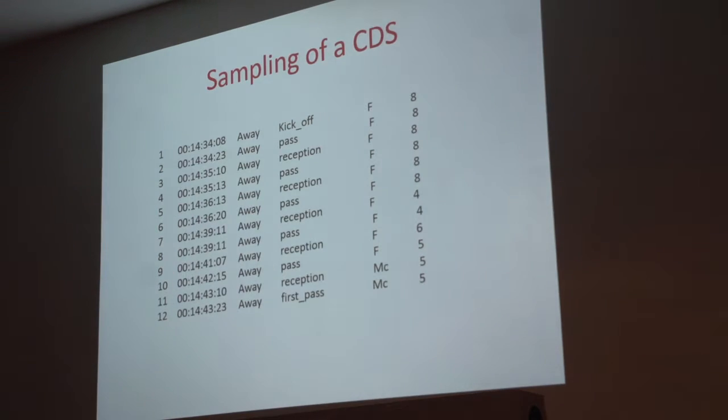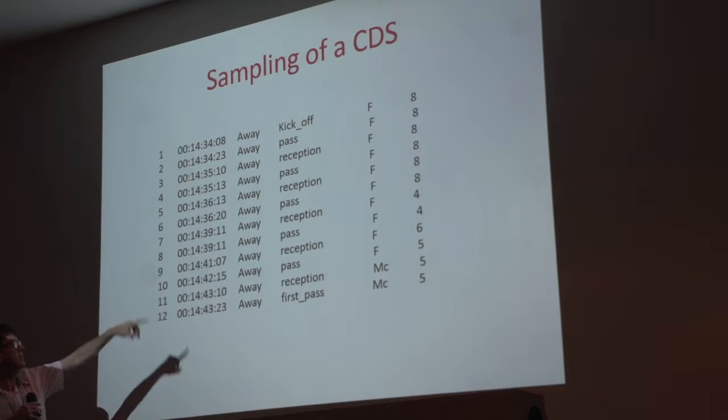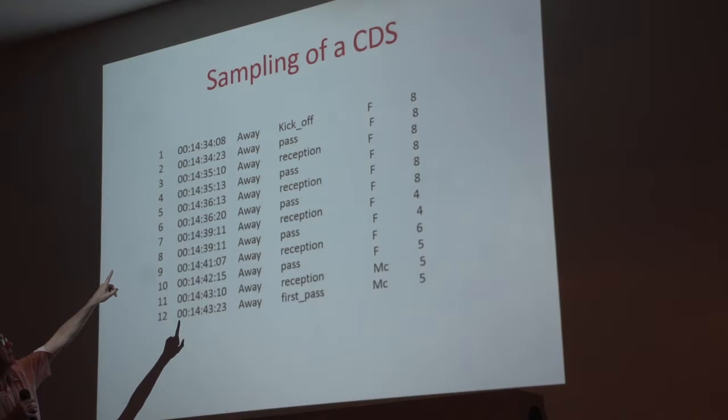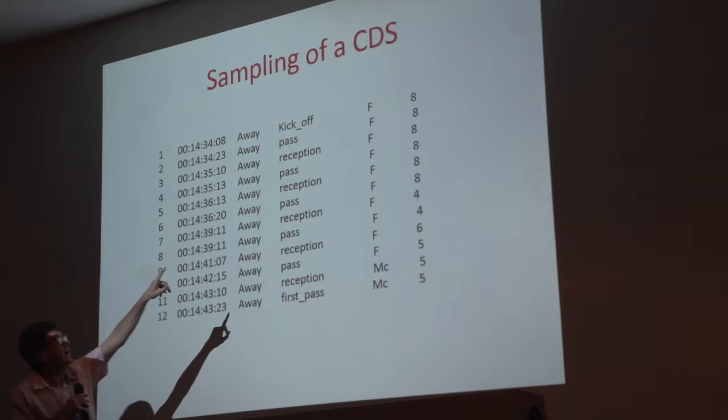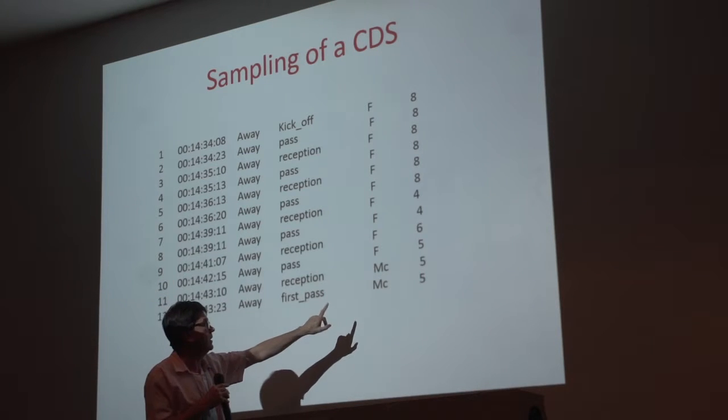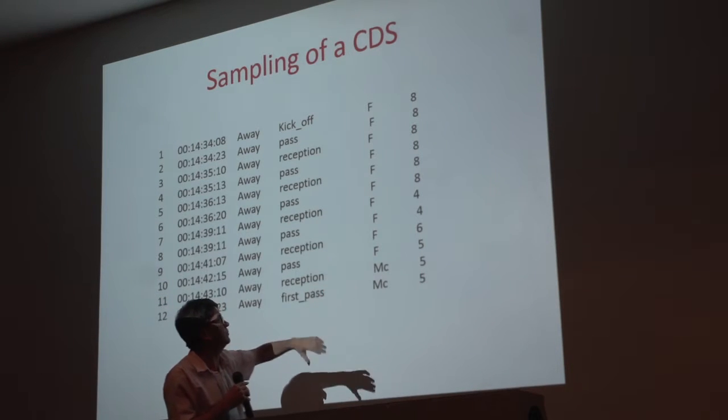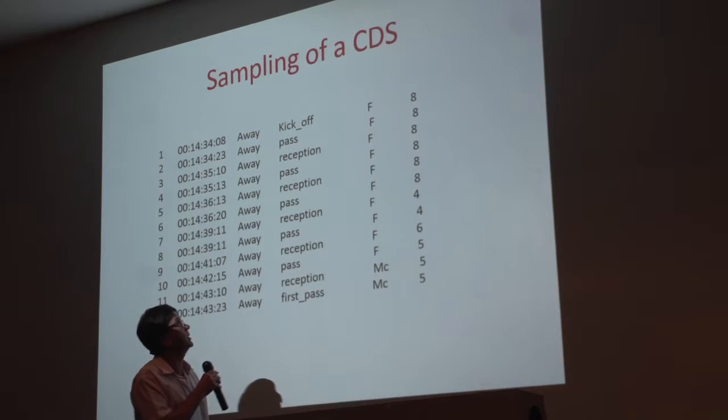This is the result of the sampling. You have a time here. This is the name of the team. This is away, the team that plays out of home. This is a sequence of kickoff, pass, reception, pass. Here is the coding according to that position relative to that geometric picture.